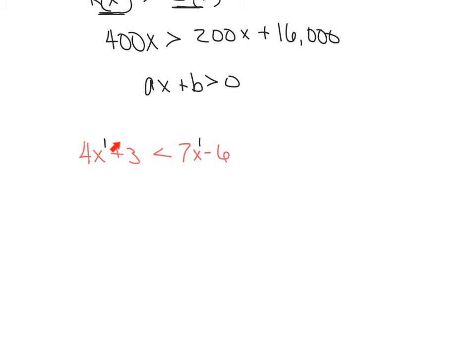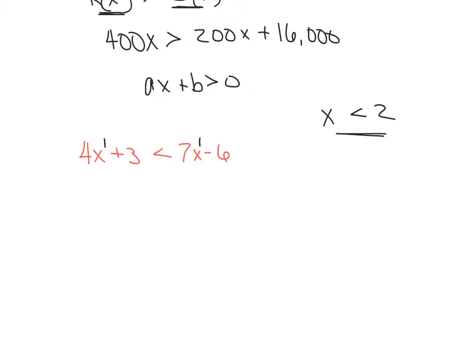The values of x that satisfy the inequality form the solution set. For these problems, you're going to get sometimes just one or two answers, but usually you're going to get an infinite number of answers. For example, if I said x is less than 2, how many answers are there?